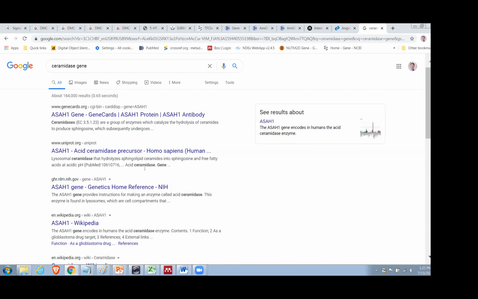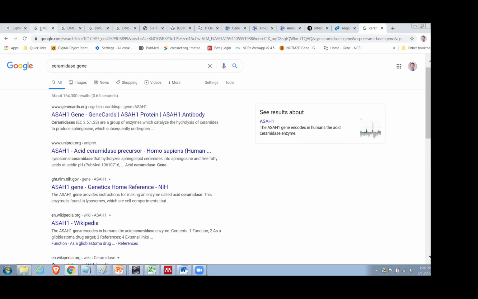The enzyme that catalyzes the hydrolysis of the sphingolipid ceramides into sphingosine is ASAH1.